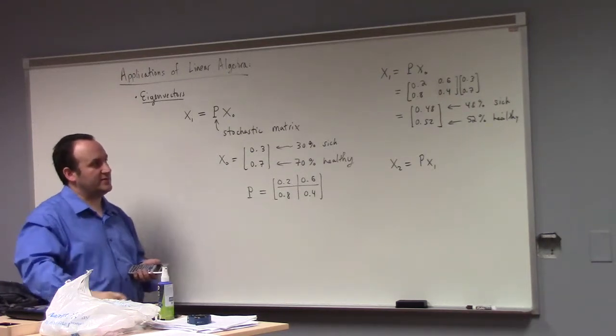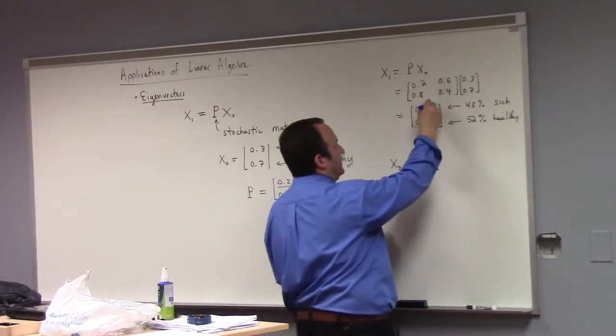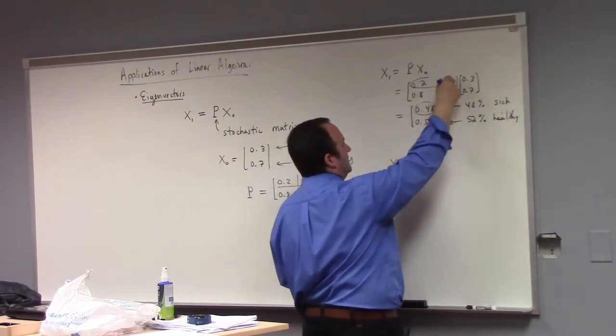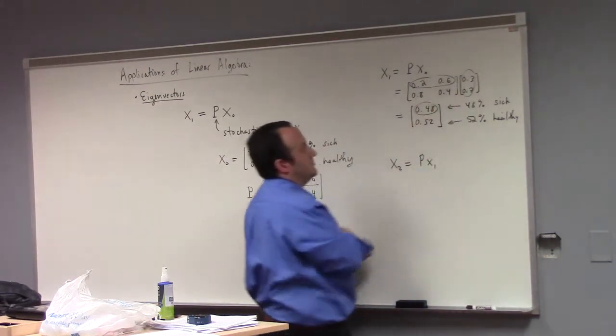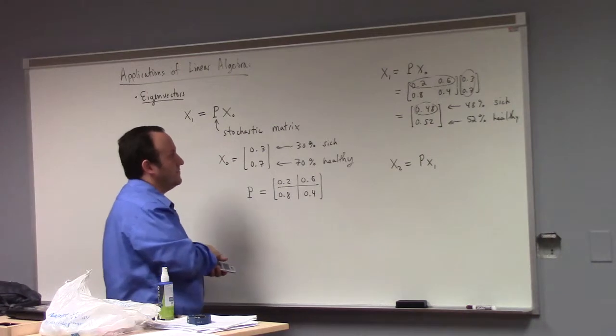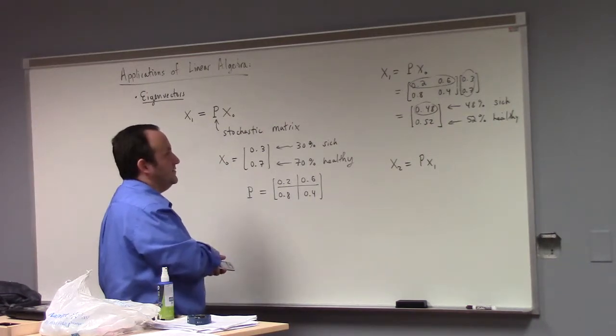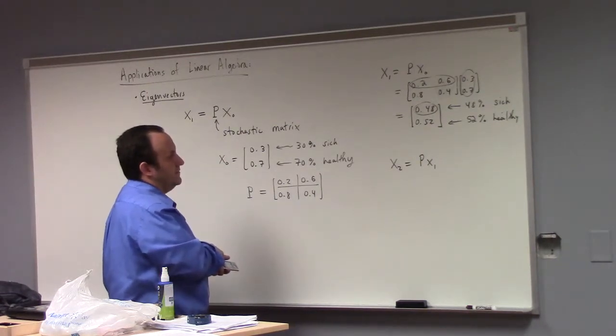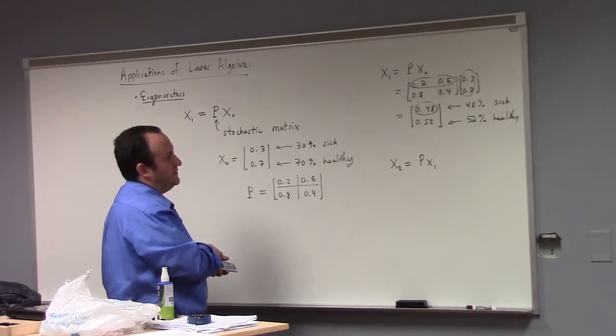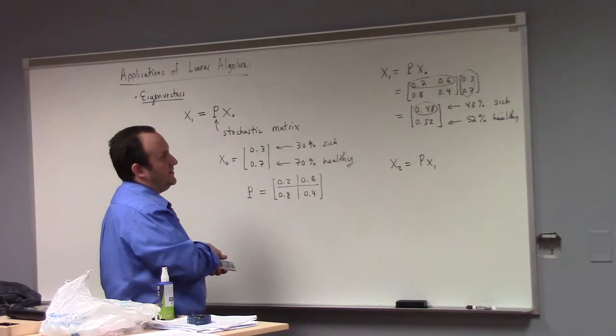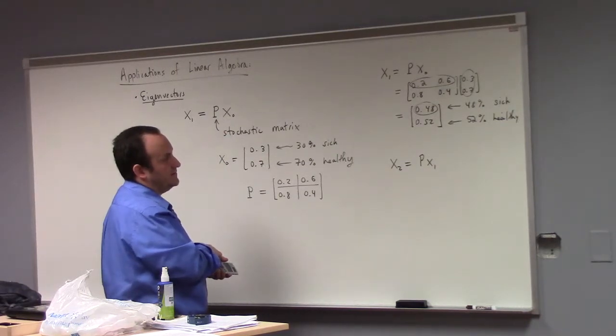What does this really mean? This 0.48, what's it coming from? It's coming from this times that, right? So that says 0.2 of 30, this is 20% of the sick people stay sick, right?